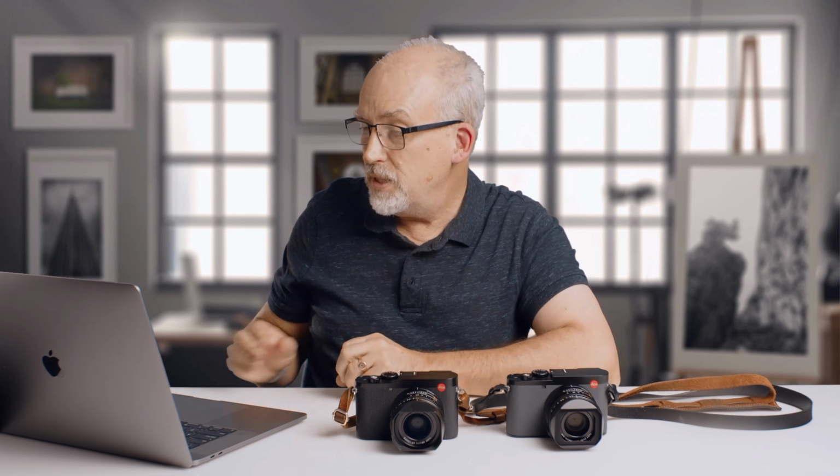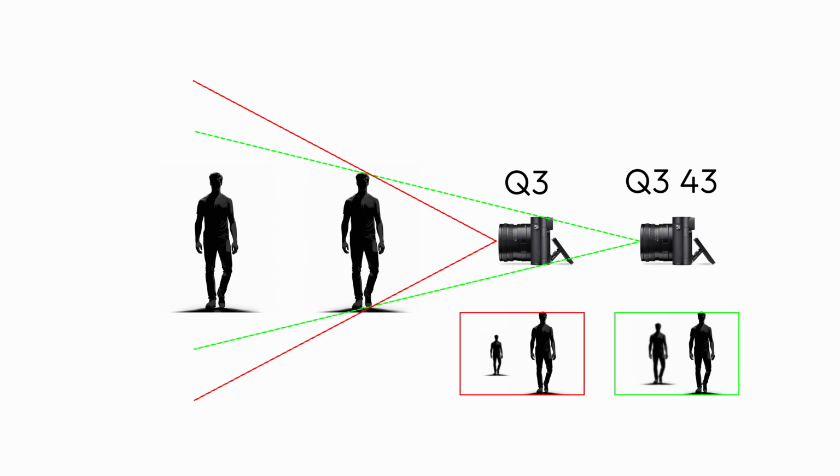Okay, now let's just talk about perspective. Here's a similar diagram to the previous one, but in this particular case, I've moved the camera's position. I've maintained the framing of the Q343, and if you look at the green line, you'll see that the framing is the same in that the nearer figure occupies the height of the frame, as shown by the green box image in the bottom right-hand corner of the frame.